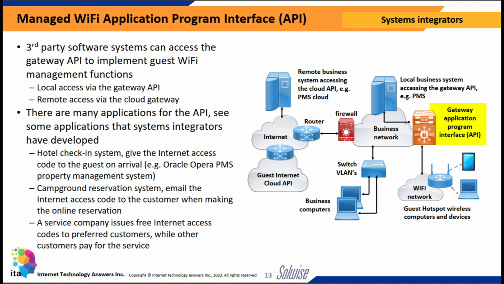The systems such as guest internet provide two types of APIs. One at the level of the equipment, whereby a local server can communicate with the gateway equipment and set access codes and delete access codes. There's also an API at the cloud level, where, for example, a company that's selling software for caravan park reservations might have 500 caravan parks.